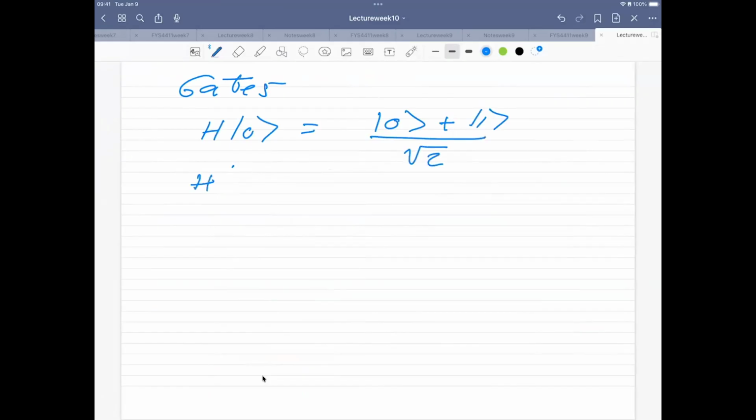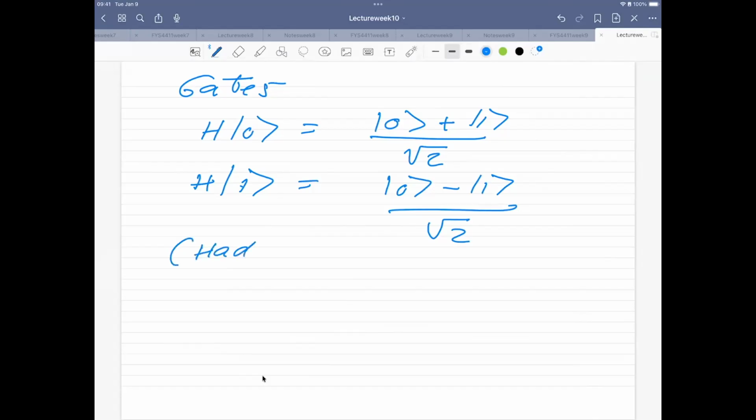And similarly, if I have H acting on qubit 1, this gives me 0 minus 1 divided by the square root of 2. So this is the Hadamard. Just a quick reminder, that is 1 over square root of 2, times the matrix 1, 1, 1, minus 1.